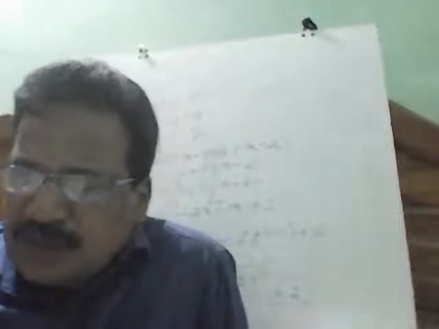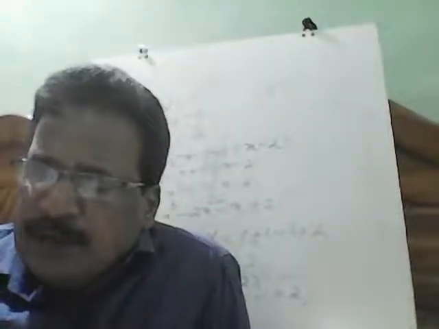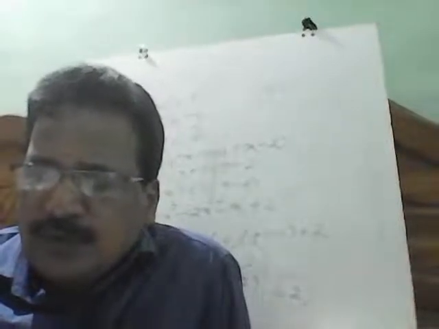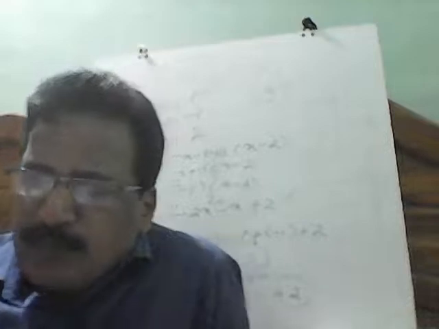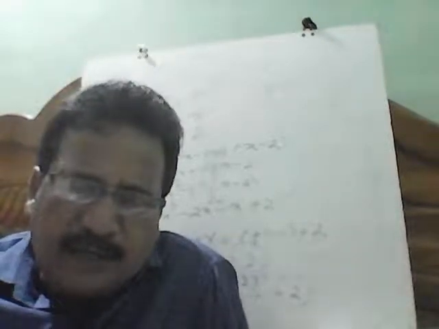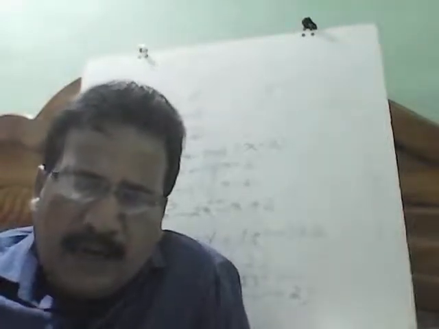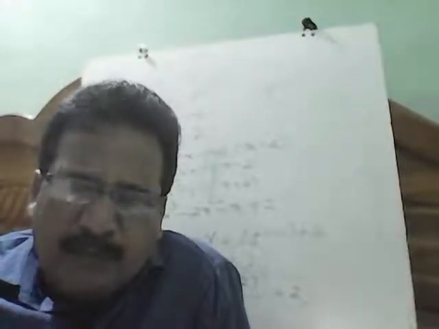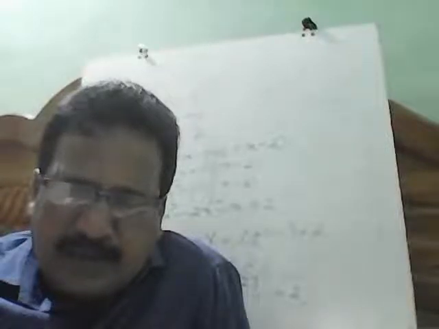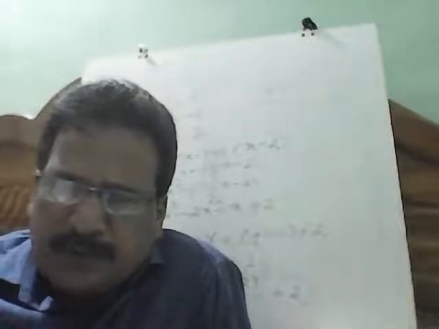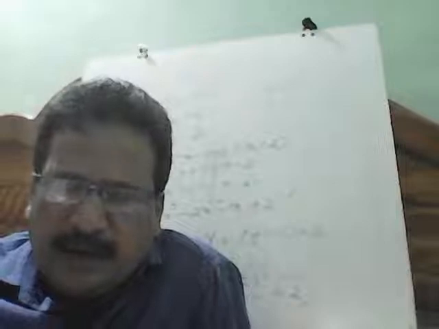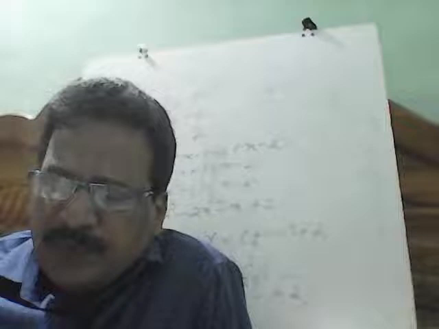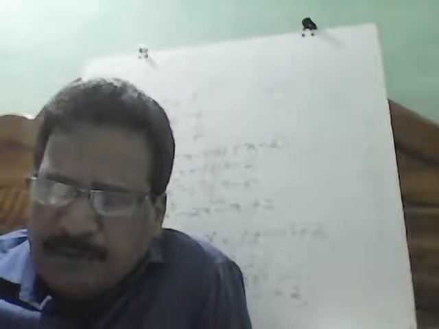So far the division is concerned, write dividend and divisor both in the standard form. Standard form means highest degree term to the lowest degree term. Highest degree term first, then gradually the power of the variable will decrease, at last the constant term. Divide the dividend by the divisor.